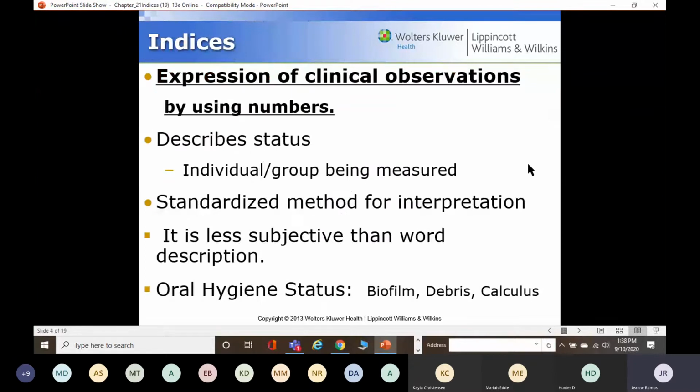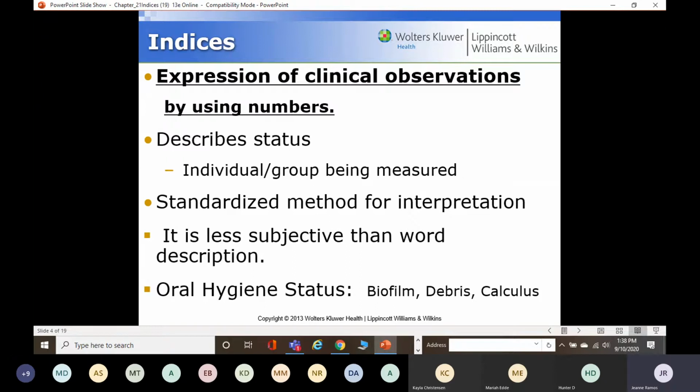So indices, what are they? They're an expression of clinical observations by using numbers. So you saw yesterday how we did an expression of clinical observation of your plaque control, and we calculated that ultimately into a percent. So that's what all of the indices are.